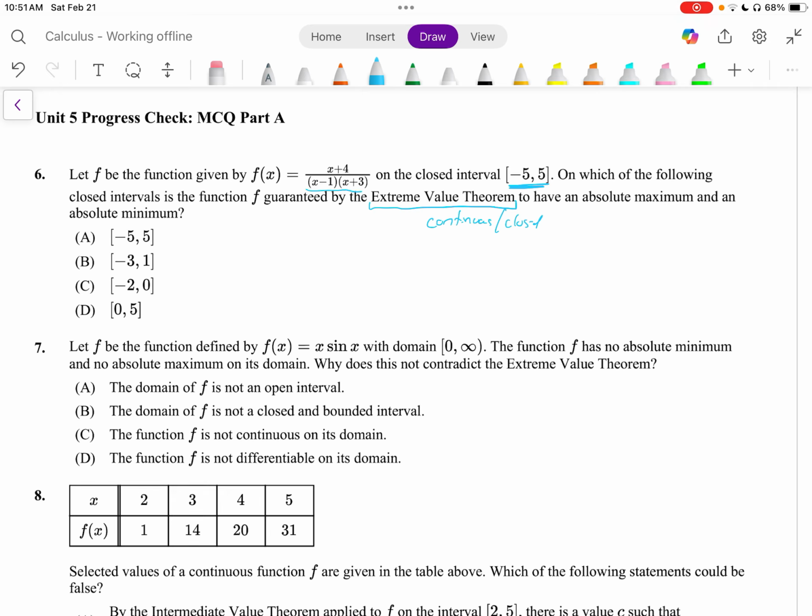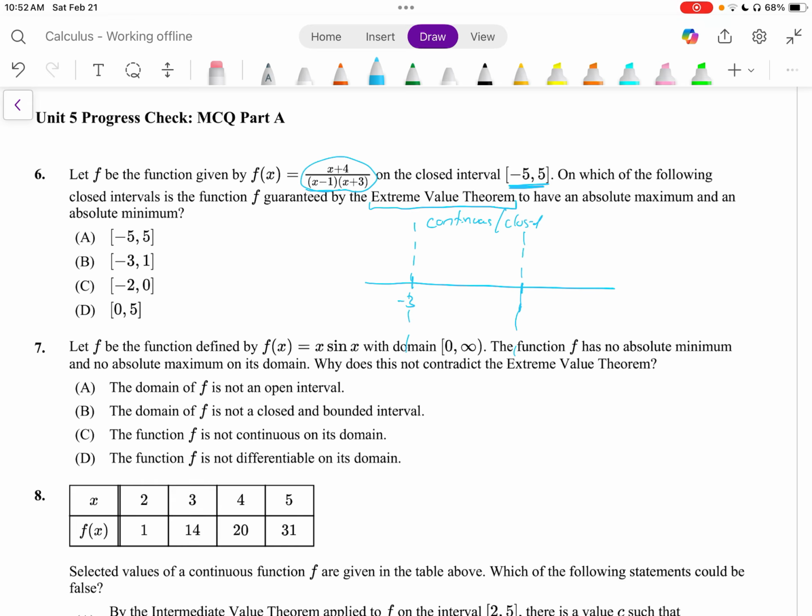So like before, we know this is a rational function. We know that at negative 3 and 1, those are not part of the domain, so we need closed intervals. So we need something that won't cross over that.